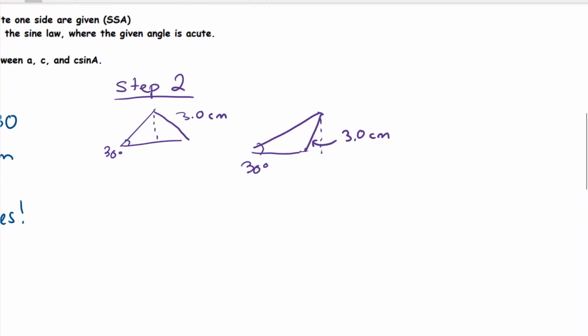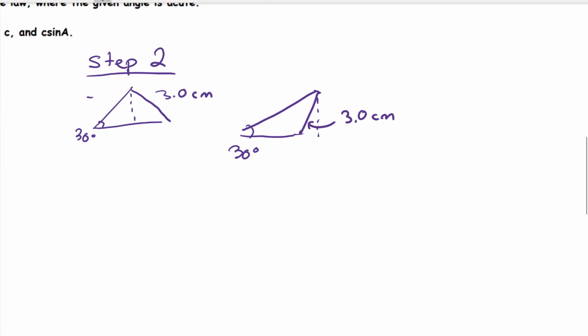My remaining side, c, is 5 centimeters. What I don't know is side b, and I don't know what angle B or angle C is. So if I want to solve this triangle, I need to look for angle B and angle C.